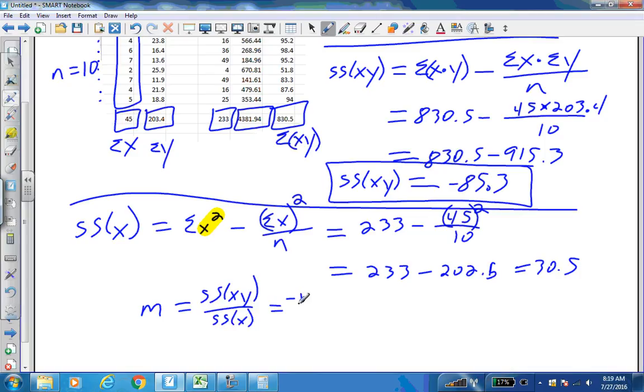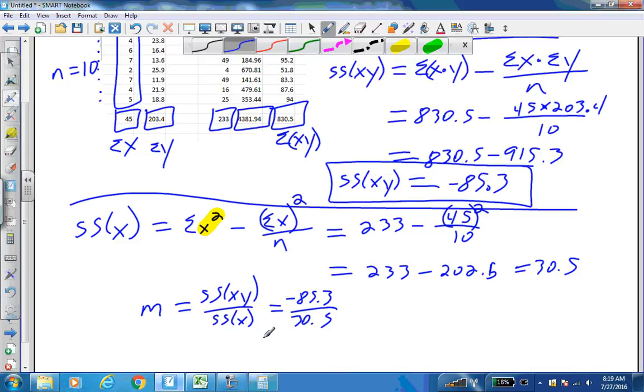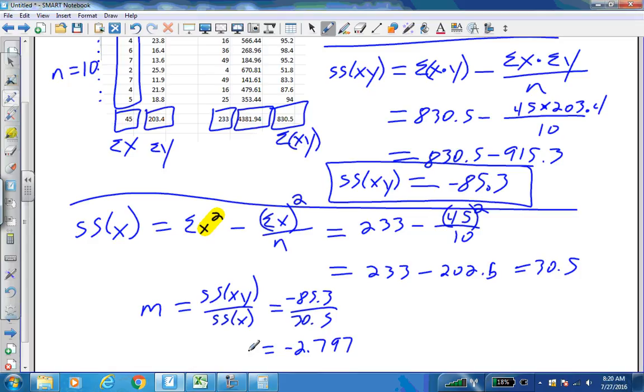So negative 85.3 divided by 30.5 is negative 2.7967. To 3 decimal places, negative 2.797. So that's what we get for our slope.